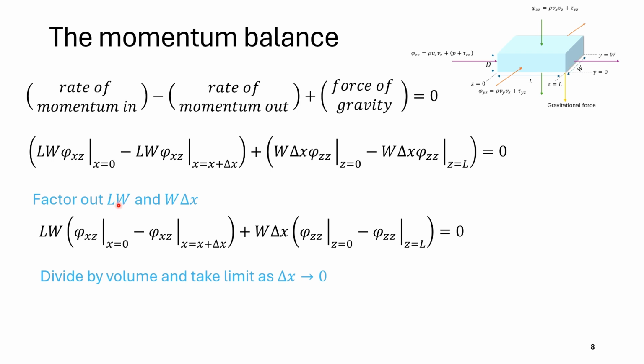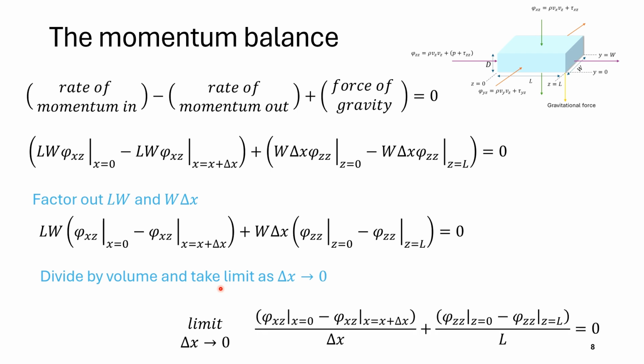After that, we factor out the areas, and we get this expression, and then we divide by volume, and we take the limit as the thickness approaches 0. And after we have done that, we see that the second term vanishes.